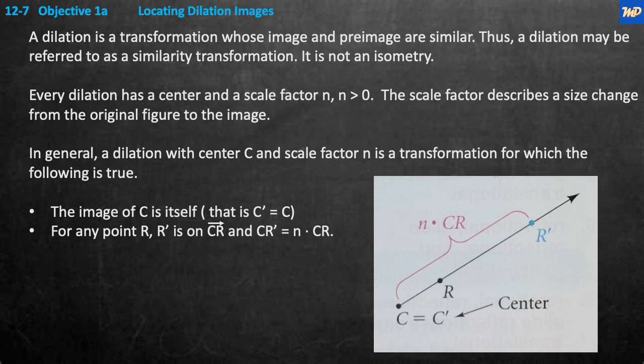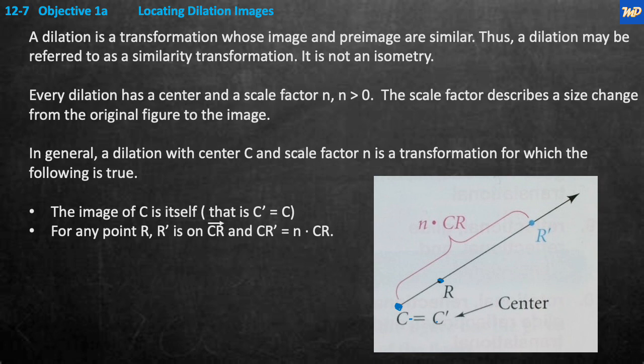As this ray, CR, goes over R, when we change it through this dilation, the C never moves. The C is the same because it's growing and shrinking from this point. So C is itself. The pre-image is the image.